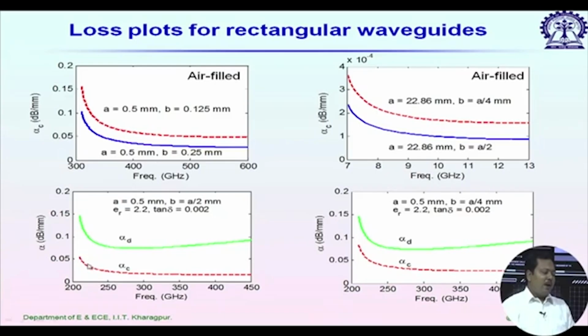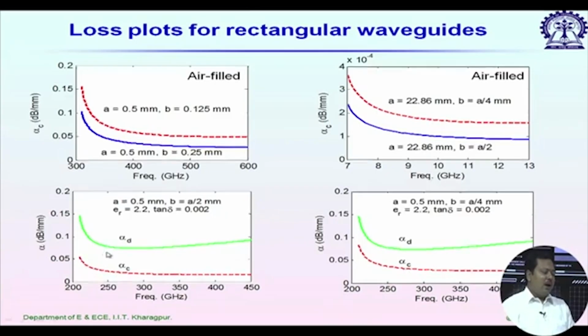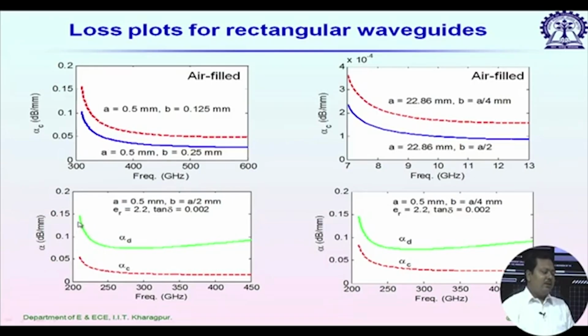Then the plot of alpha c is this, and alpha d, you see alpha d again is infinite at cutoff frequency and then it decreases, but it has an optimum point above which it again slowly increases. So, this alpha d represents the dielectric loss and alpha c represents the conductor loss.